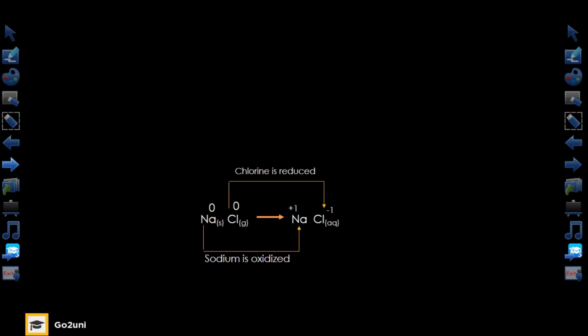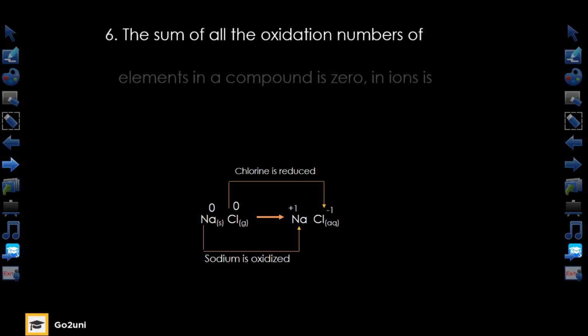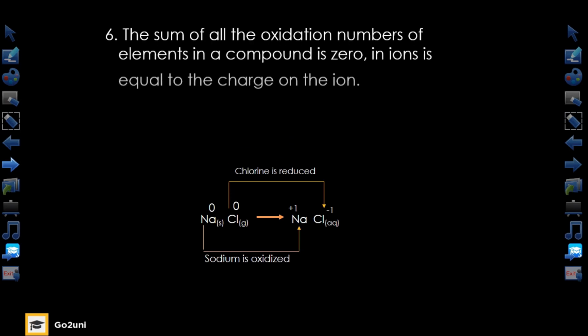Lastly, talking about oxidation states of elements, if we are to calculate the oxidation state of an element in a compound, we have to first of all understand that the summation of the oxidation numbers of the elements in a given compound is equal to 0.